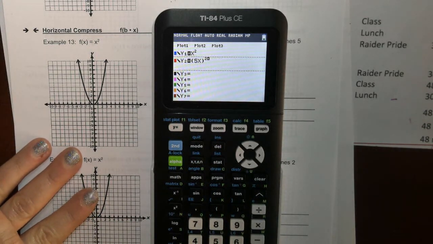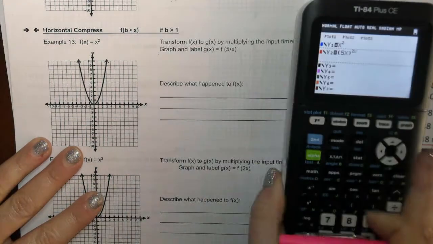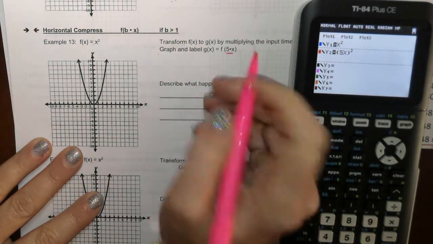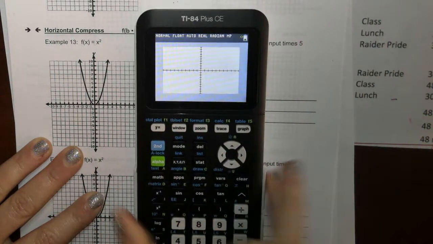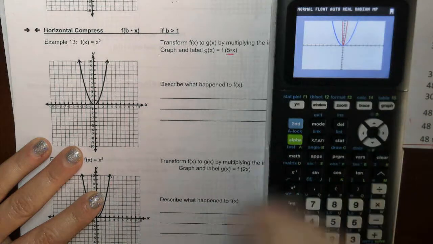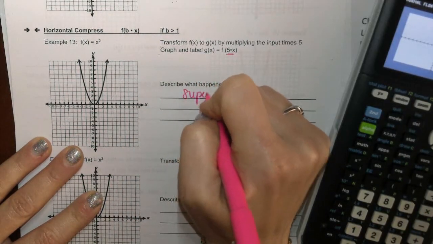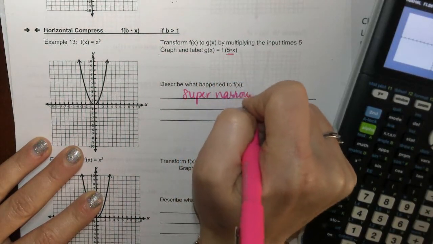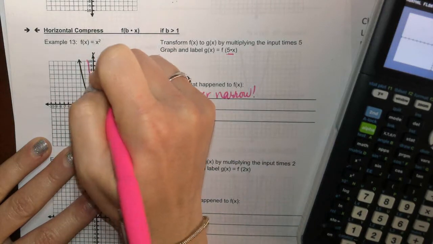And we're going to see what happens because now this 5 is inside the parentheses. So let's see, graph. Parent, ooh, got super narrow. Now it's like this, right?